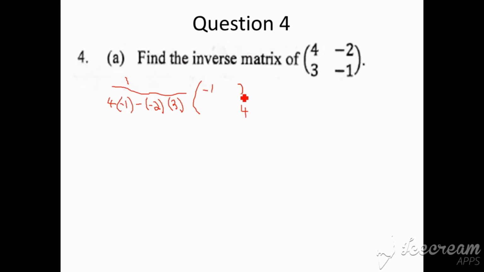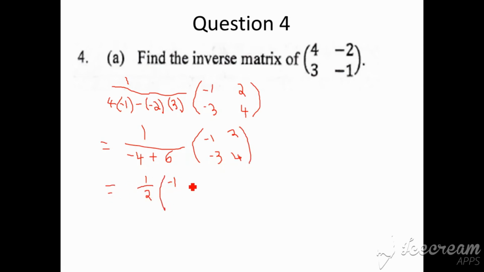Negative 2 becomes positive 2, positive 3 becomes negative 3. 4 times negative 1 is negative 4. Negative 2 times 3, negative 6. Negative, negative, positive. So negative 1, 2, negative 3, 4 equals 1 over 2, negative 1, 2, negative 3, 4. You can leave your answer like this.